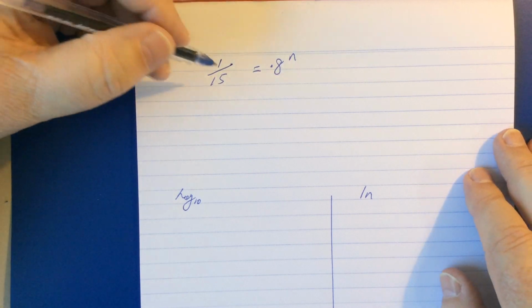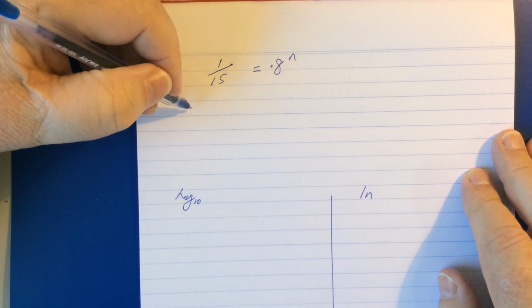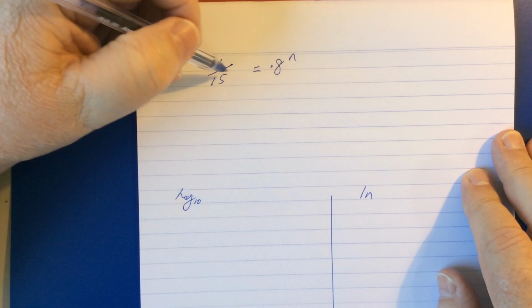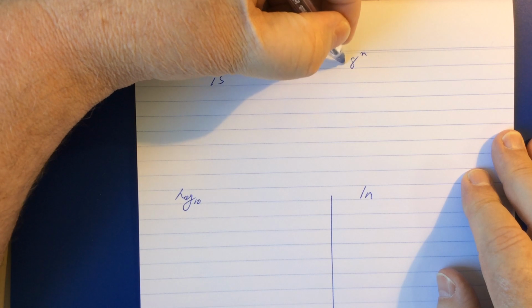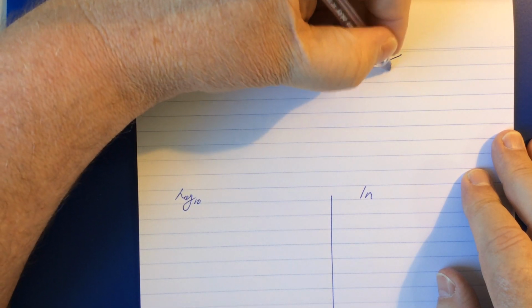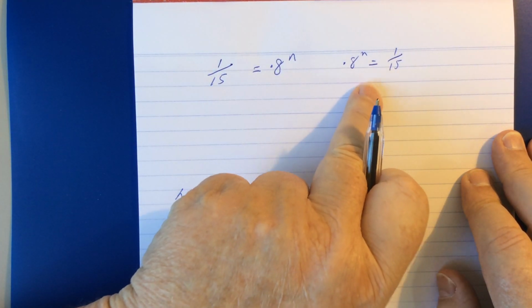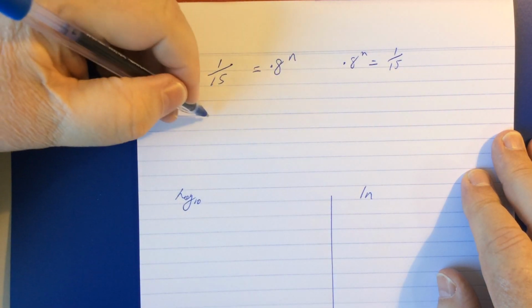Anyway, both work. So here goes. We'll take the log of both sides, but before we do that, we'll just rearrange this. 0.8 to the n is equal to 1/15th. We'll work in this form. You'll see why in a minute.